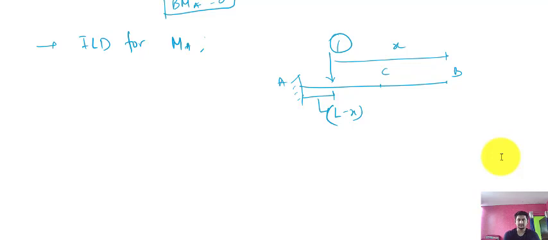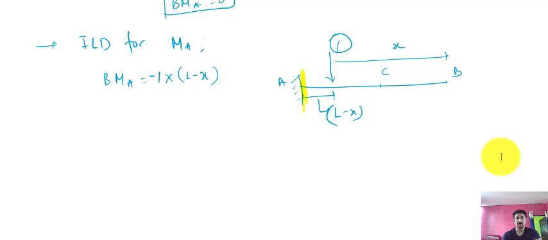For that, if I want to see the bending moment equation at A, that means I want to see the equation here, so we can write down the bending moment at A is equal to 1 into that distance, L minus x, and this moment is clockwise, that means it is negative.